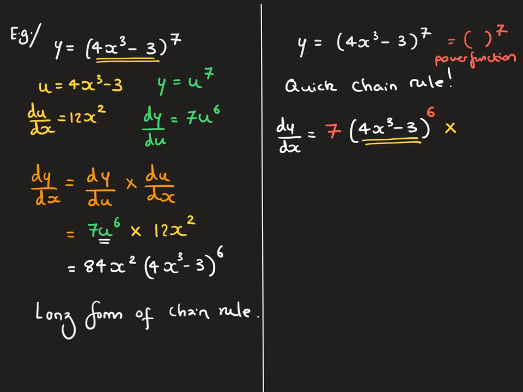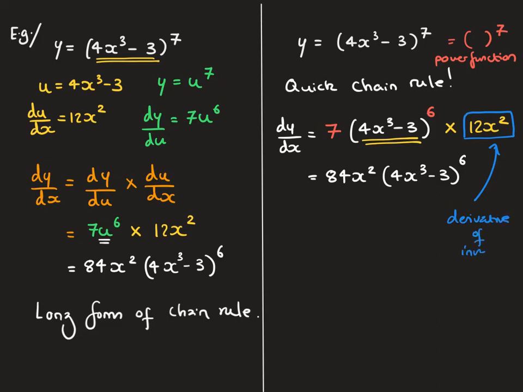Well, it is 12x squared. And already you can see this is just going to give us the same final answer that we got using the long form of the chain rule. So the part where we're multiplying by the derivative of the inner function just equates to this part here in the chain rule, which you can see from the long form of the chain rule.